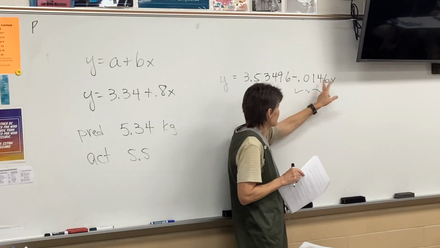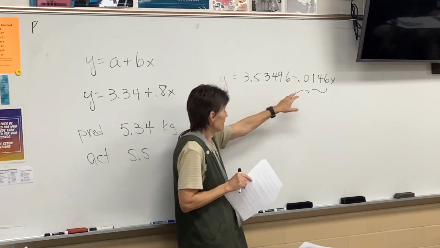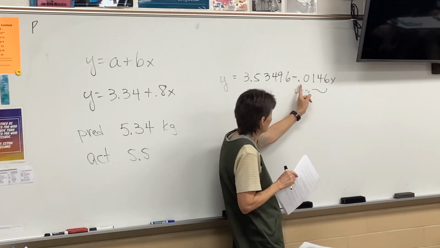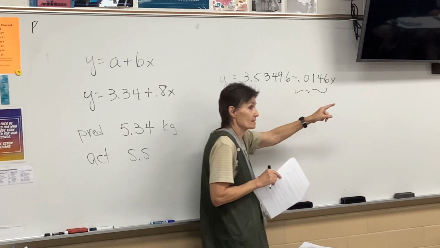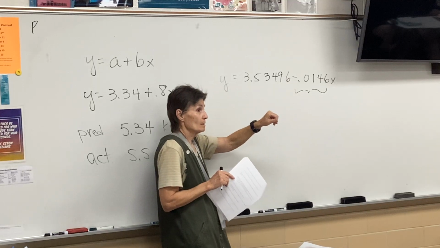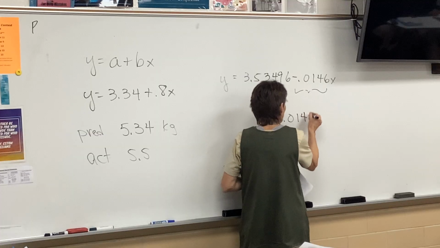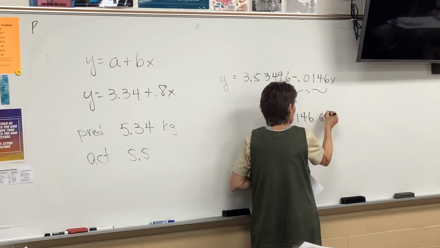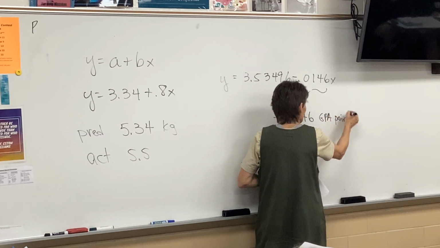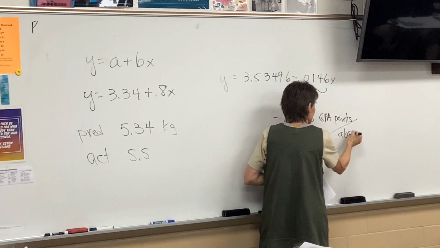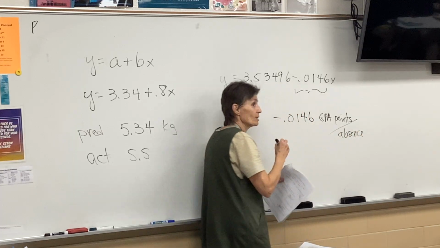Every absence is going to result in a loss in GPA of 0.0146. So negative 0.0146 GPA points per absence. Remember, slope is a rate of change.